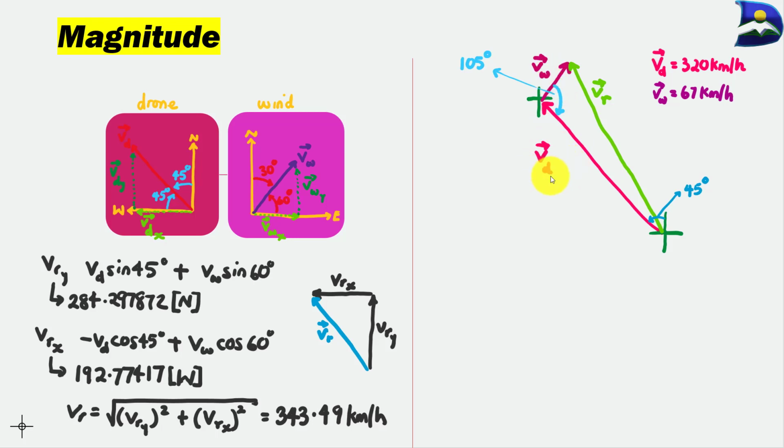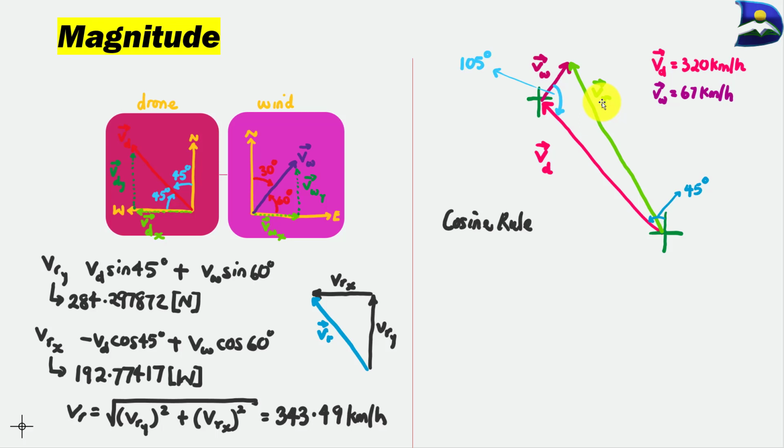So one side is in this case the drone vector, the other side here is the wind vector, and we have the angle in between, which is 105 degrees. This angle faces the resultant, and therefore by using not the sine rule but the cosine rule, remember that this will be important in terms of being able to determine what the scale of our resultant is.